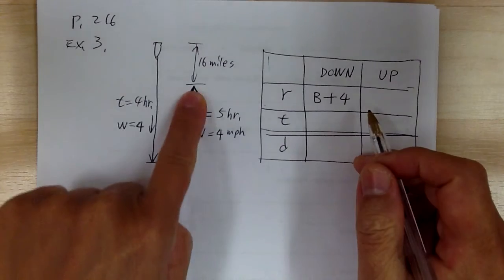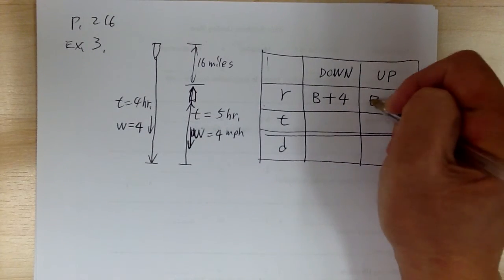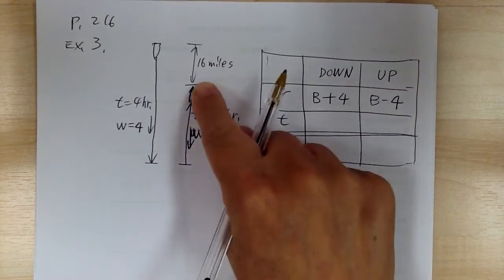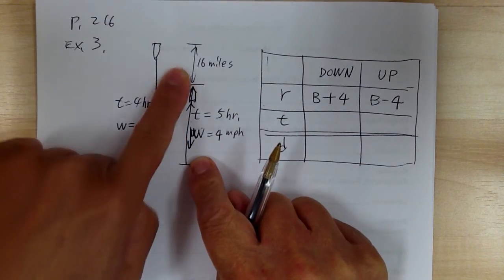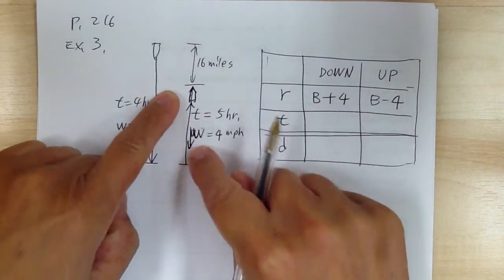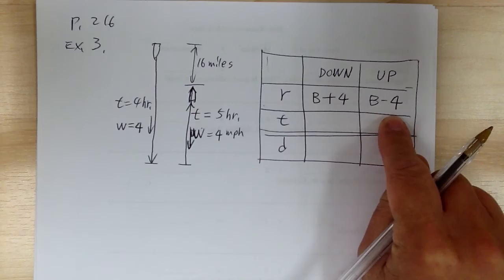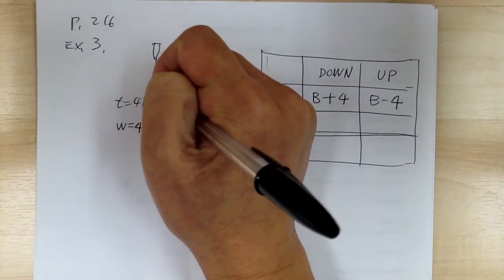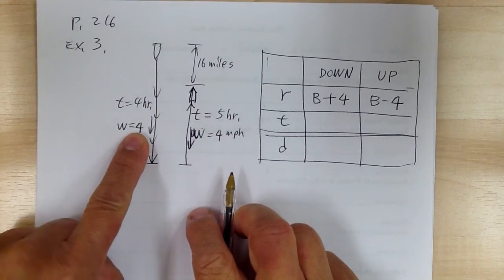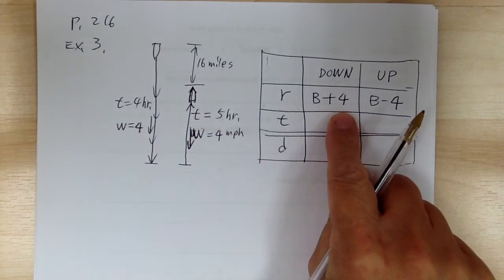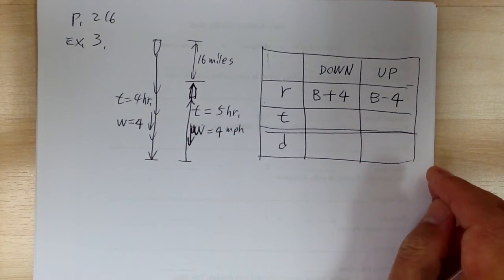When it's going upstream, it would be speed of the boat minus 4, because the water is going to push it back. Over here the boat is going up but the water is going down, so it's pushing it back, so you have to minus. Over here the boat is coming down and the water is pushing it faster. So you have to take that into consideration.